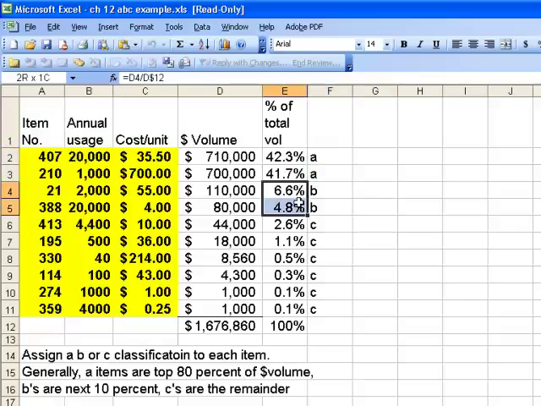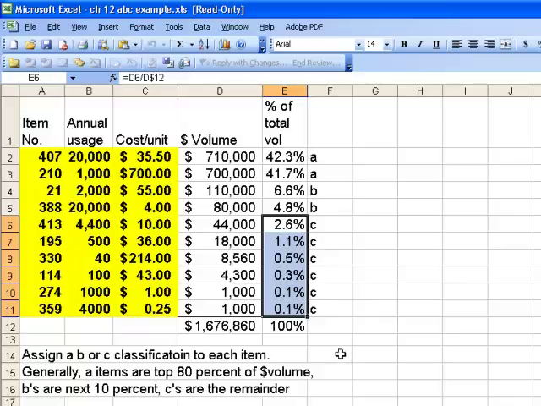My next 10% of dollars generally I'll call my B items. So here in our example, roughly that's item 21 and 388, my next two items. And then the rest of the items, which only account for my remaining 10% of my dollars, are going to be my C items. I'm going to label those my C items. And you can see that's a pretty big chunk of my total items.